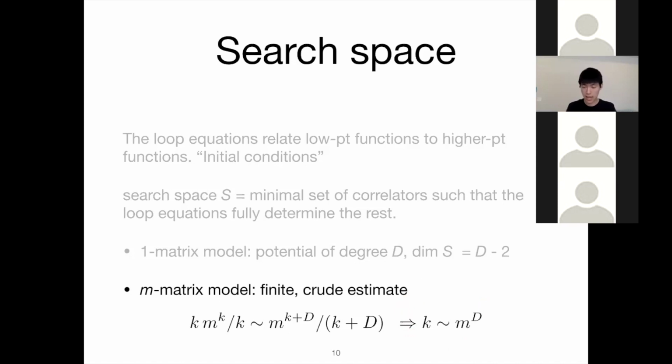So this suggests, at least, though the precise counting is a little bit complicated, that the dimension of the search space is finite, even for a multi-matrix model, and even for a fairly generic multi-matrix model that we may be able to say very little about in terms of the analytic solution.